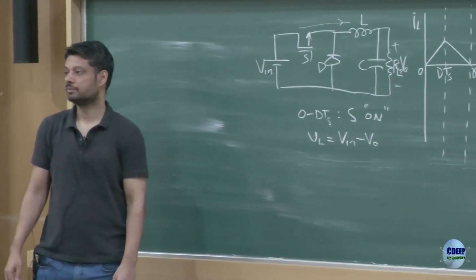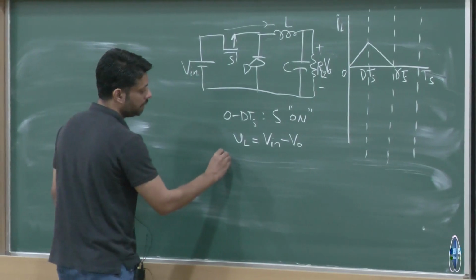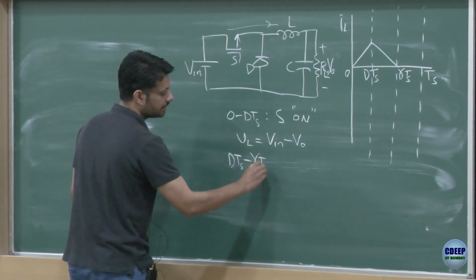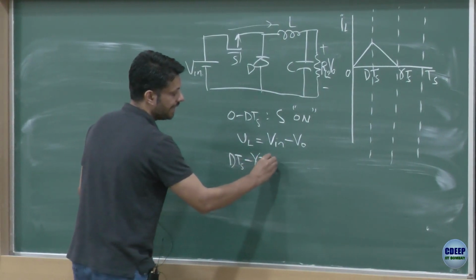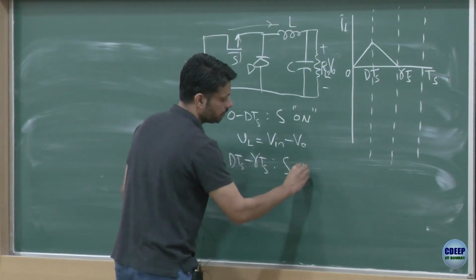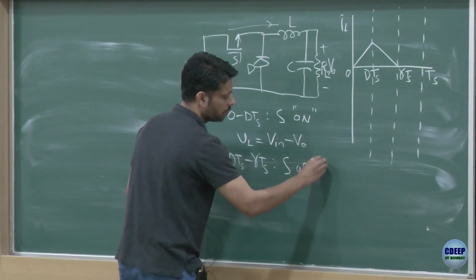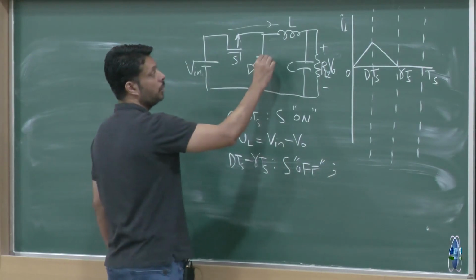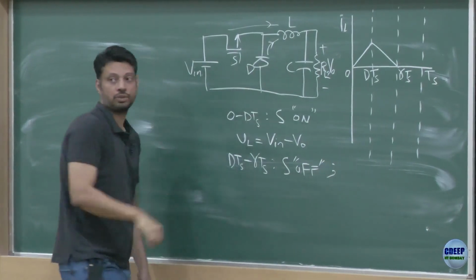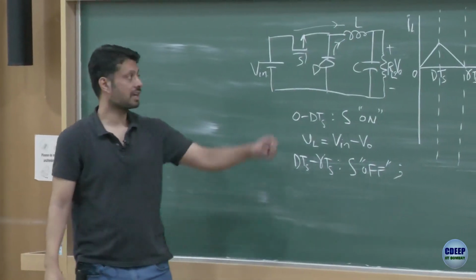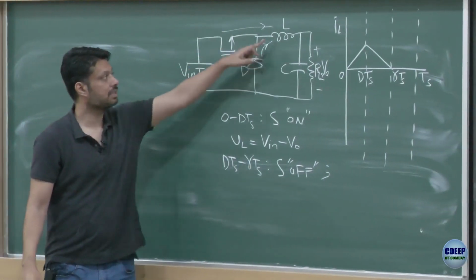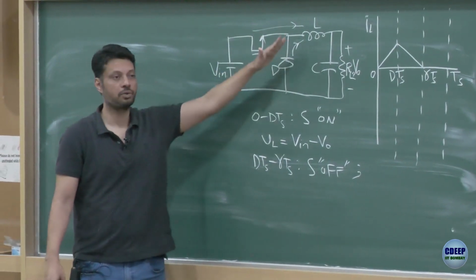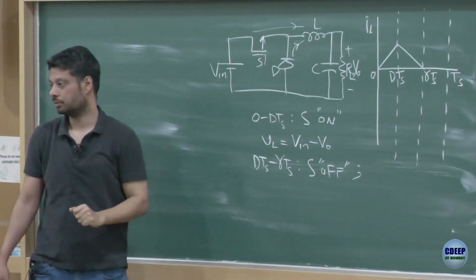From time period dTs to gamma Ts, your S is off, but the current will continue to flow through the diode, because if this switch is open, this current has no path to flow from here, and therefore it would continue to flow through this diode.